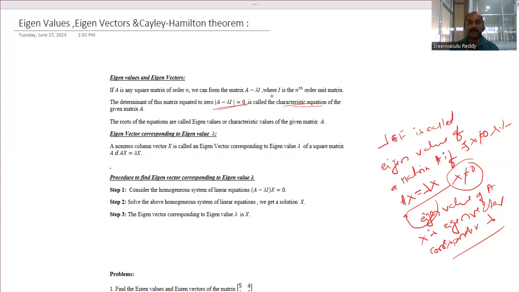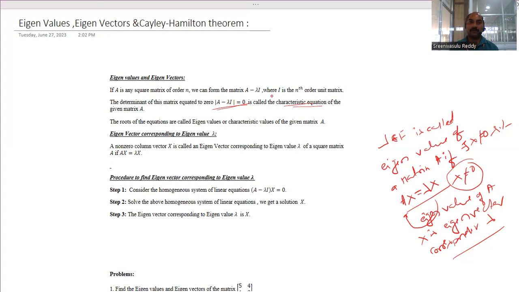A is a square matrix of order n, and A minus lambda I is also a square matrix of order n whose determinant equals 0. Then we get a polynomial in lambda, because lambda is a variable quantity. Since this is an n by n matrix, we get an nth order polynomial in lambda. This polynomial equal to 0 is called the characteristic equation of the given matrix.